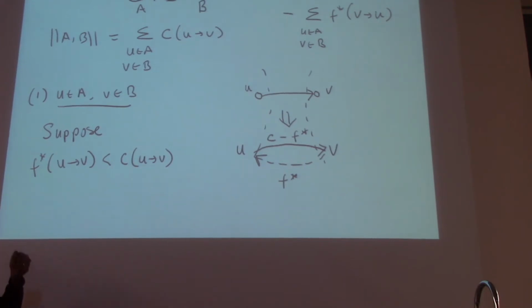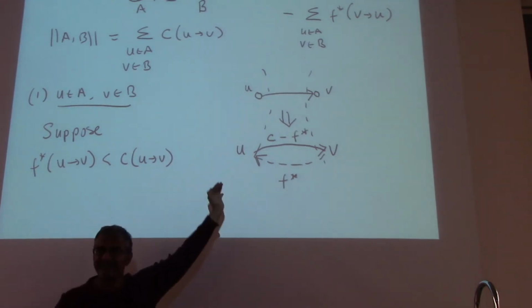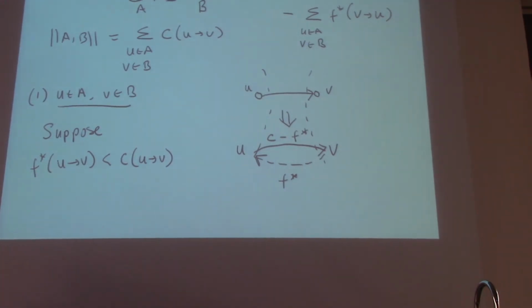And this contradiction has happened precisely because F was less than C UV. That's why there was this leftover edge there. And therefore, this cannot happen. So this is a contradiction.